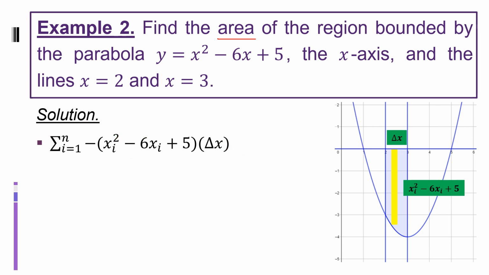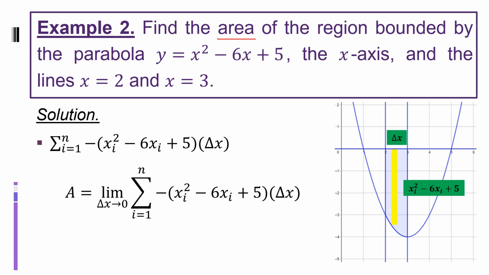is maging positive. So the area now is equal to the limit as delta x approaches 0 of the summation from i equals 1 to n of negative x sub i squared minus 6 times x sub i plus 5 times delta x. That is the definite integral from 2 to 3 of negative of x squared minus 6x plus 5 dx.